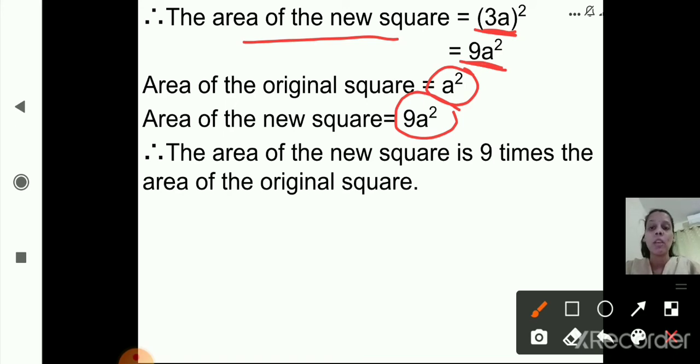Okay. Therefore, the area of the new square is 9 times the area of the original square.